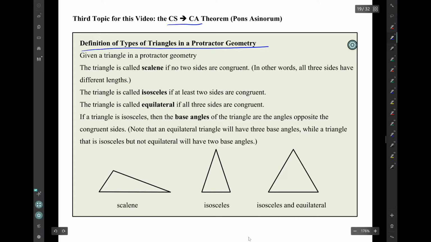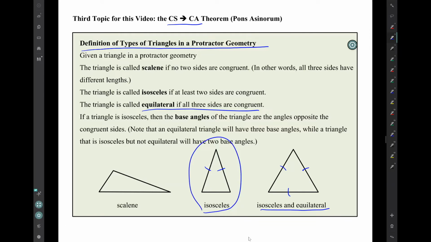A triangle is called isosceles if at least two sides are congruent. In this middle triangle, these two sides are congruent. In this triangle on the right, all three sides are congruent. A triangle is called equilateral if all three sides are congruent. So this triangle on the right is both isosceles and equilateral. This triangle is isosceles but not equilateral.